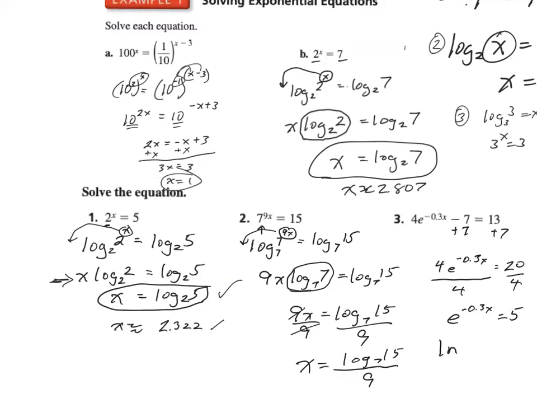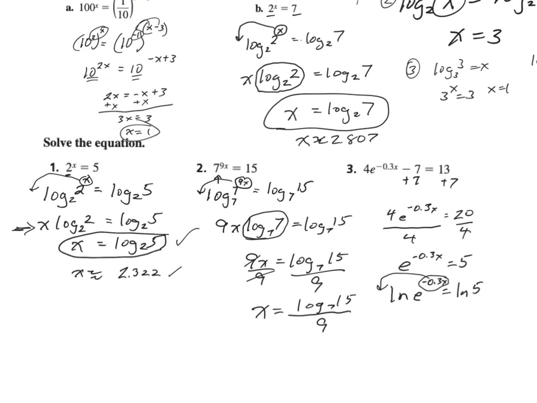So natural log of e to the negative 0.3x equals natural log ln 5. Okay, put the exponent to the front. Now I've got negative 0.3x ln e equals ln 5.